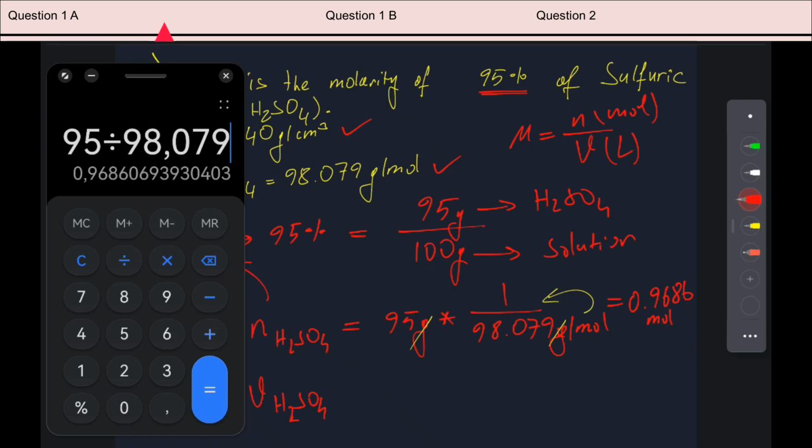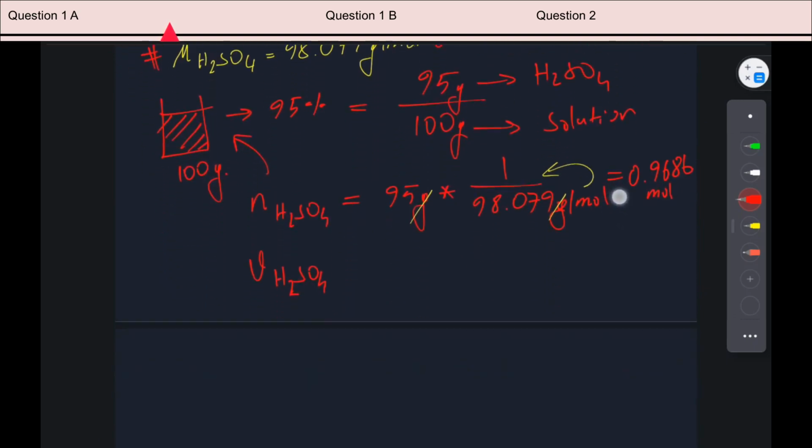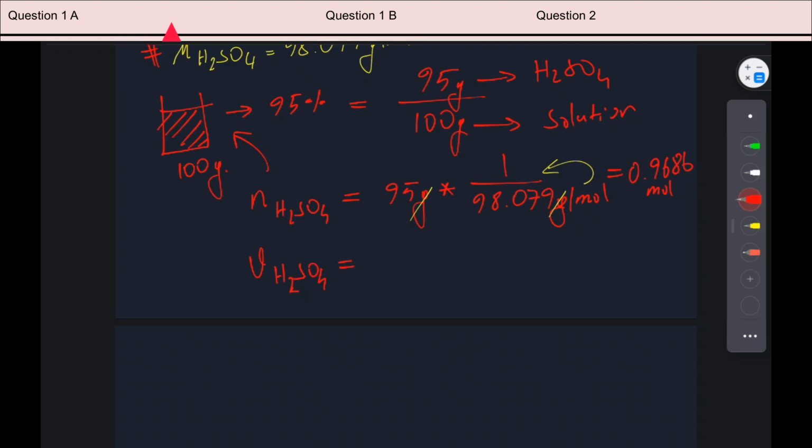I know the mole of the H2SO4. Okay, good.